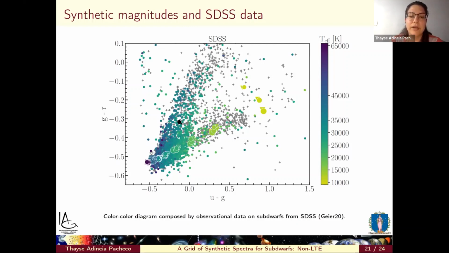And we are comparing this color to our synthetic color. The greater points are our synthetic colors, and we can see a fair agreement with this branch, which is a branch for isolated subdwarfs.